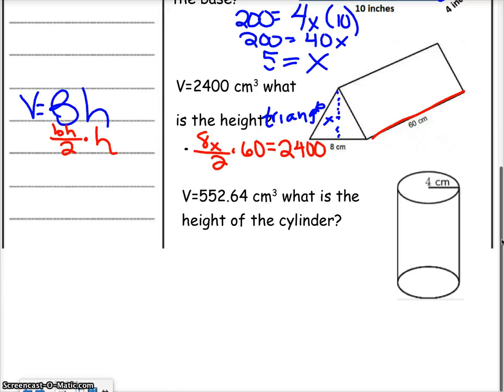So I can times 2, and I get 8x, because that cancels that out. 8x times 60 equals 4,800. Okay? Now these are both multiplying, so what's backwards of multiplying? Divide. So you could just go 4,800 divided by 8 divided by 60 is 10.